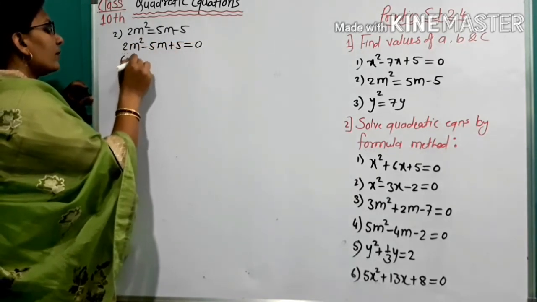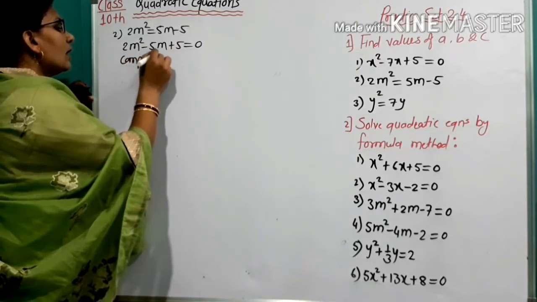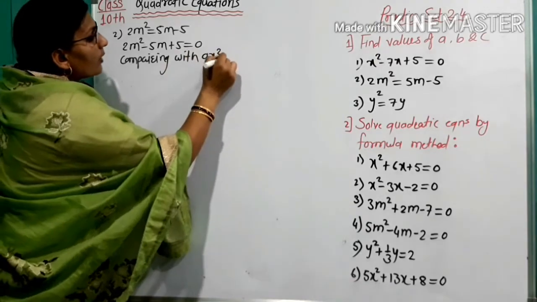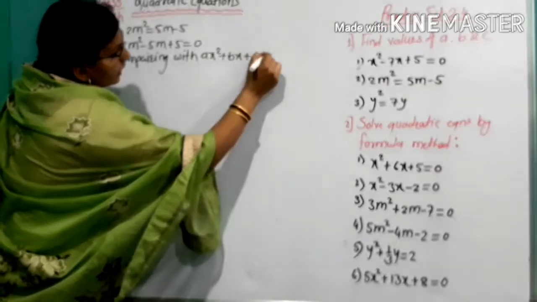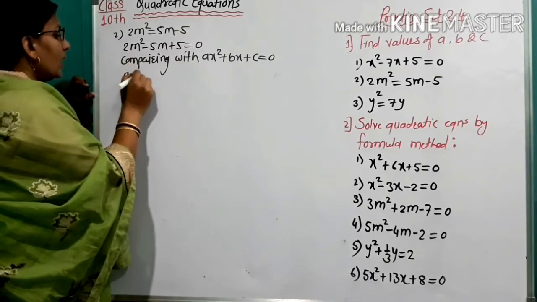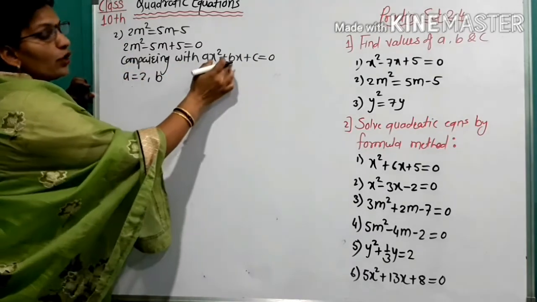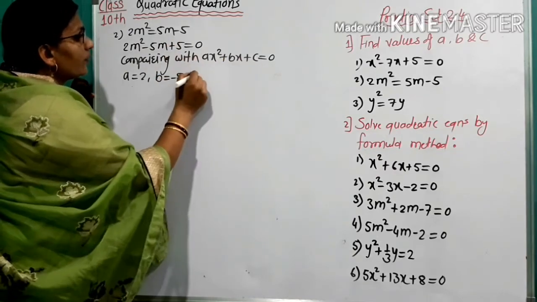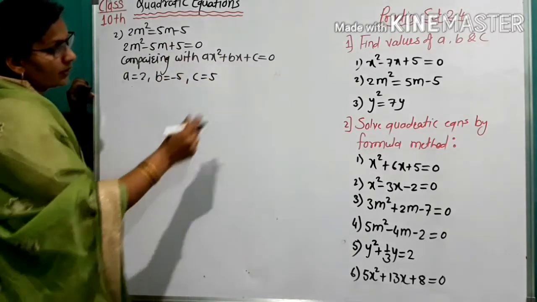Comparing with ax square plus bx plus c equal to 0, here value of a is 2, value of b is minus 5 and value of c is 5.